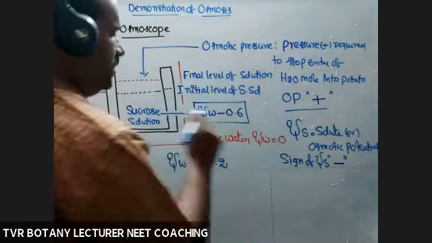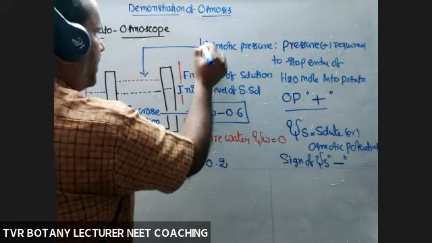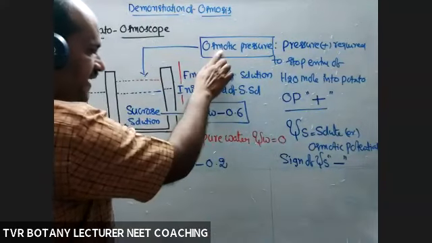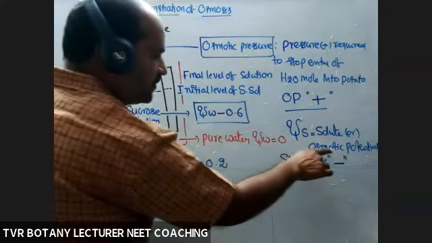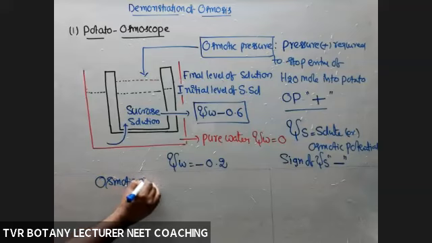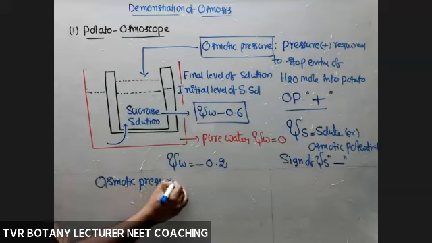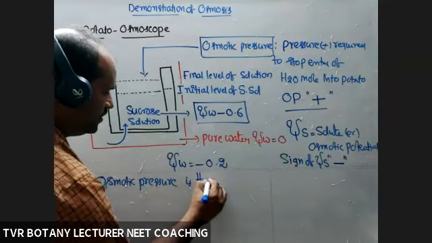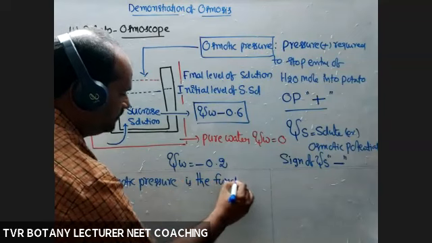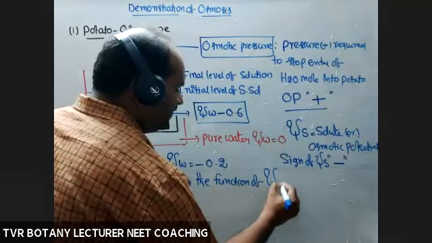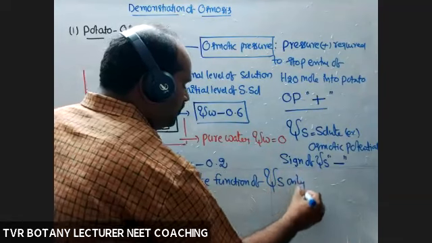So whatever the amount of osmotic pressure created, it is because of osmotic potential only. So osmotic pressure is a function of psi S only.